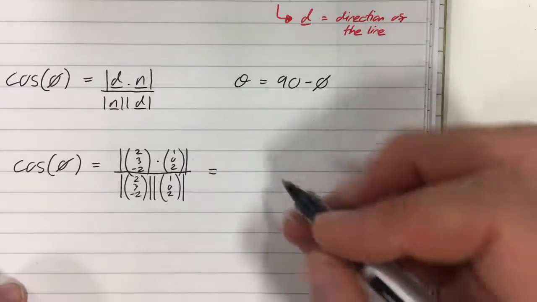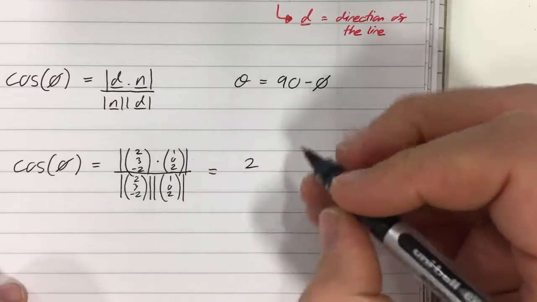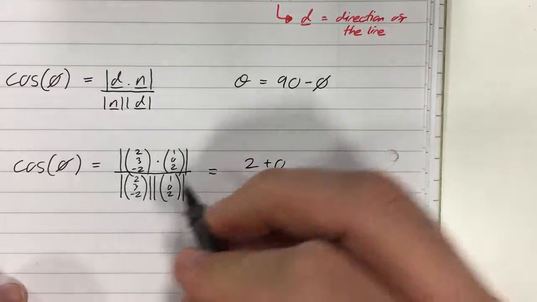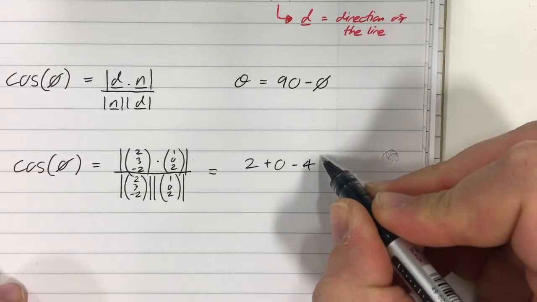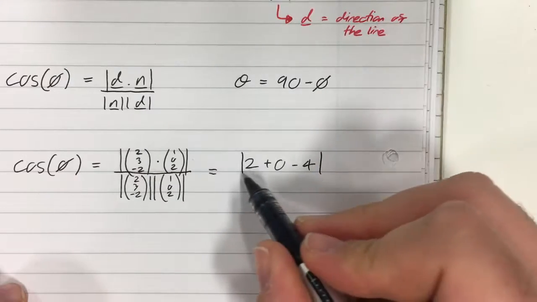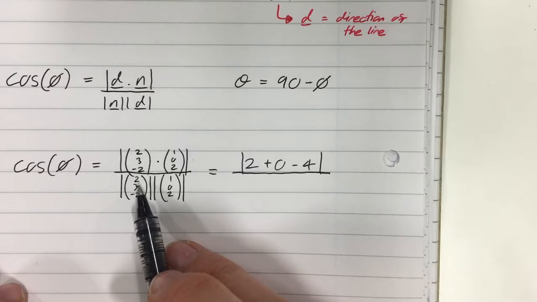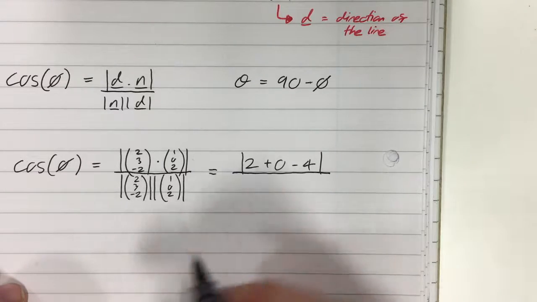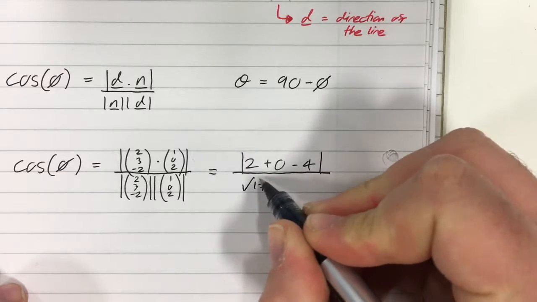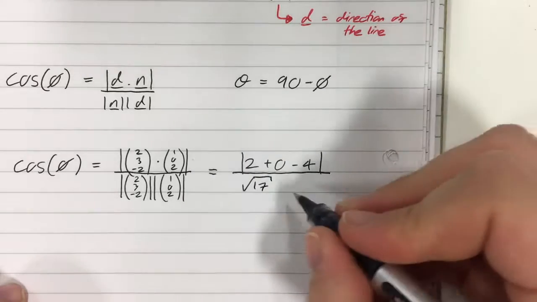So dot product: 2 times 1 is 2, 3 times 0 is 0, and minus 2 times 2 is minus 4. So I do need to mod the top, because the top is negative otherwise. Mod of that vector is root 17, just a bit of Pythagoras, and that's root 5.